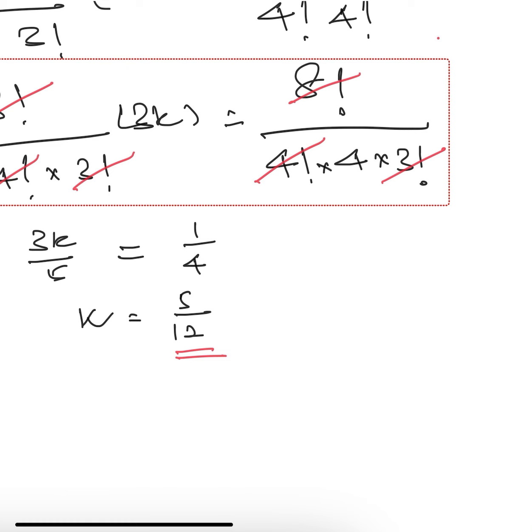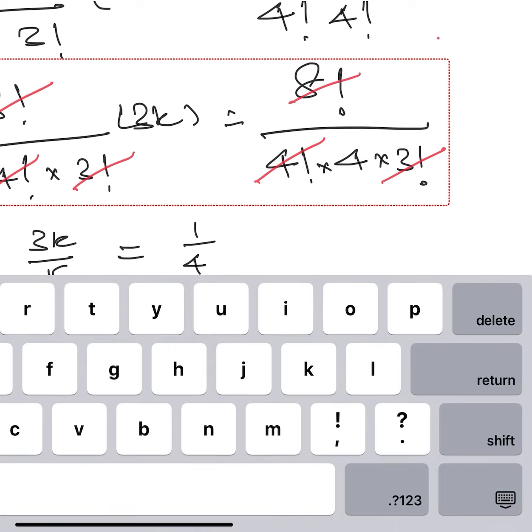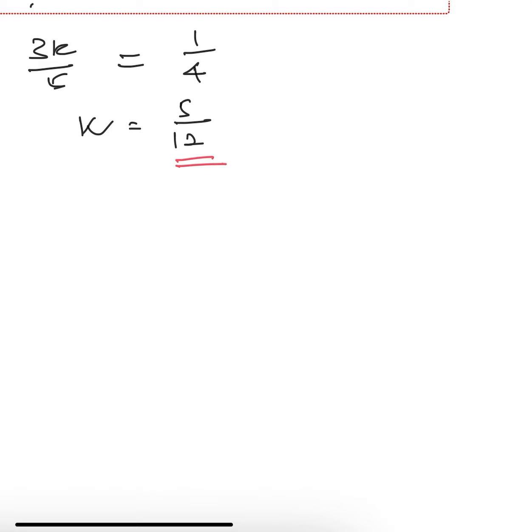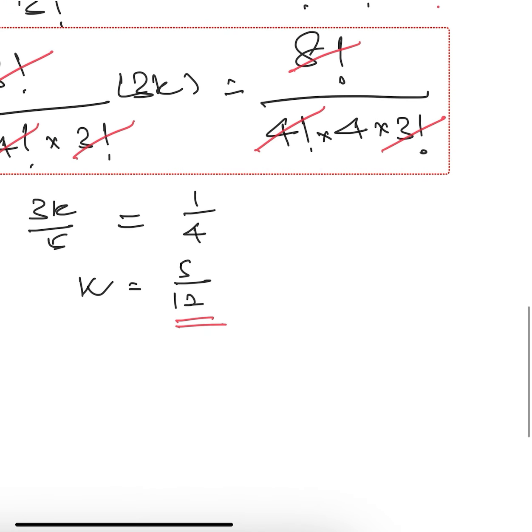What we are left with is 3k divided by 5 on the left hand side, and 1 divided by 4 on the right hand side. So 3k over 5 equals 1 over 4. Therefore, k equals 5 over 12. That is what we have been asked to find, the value of k.